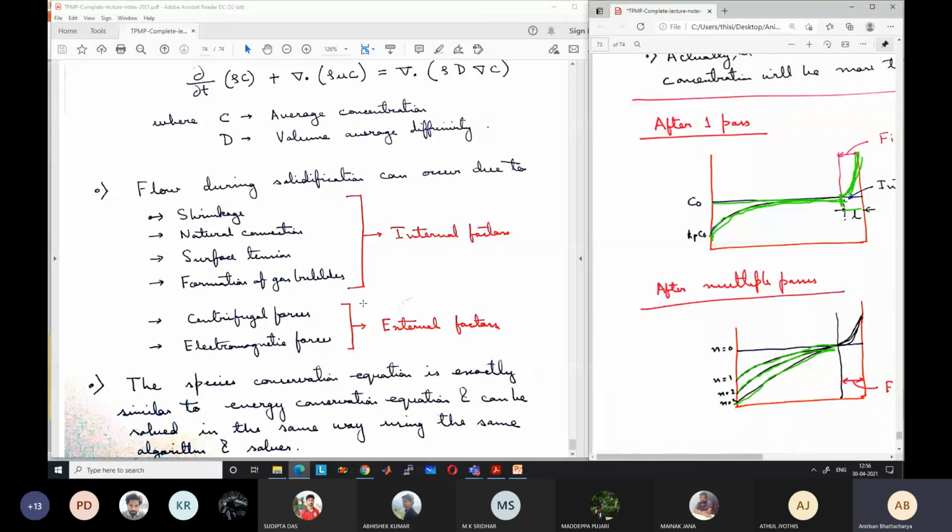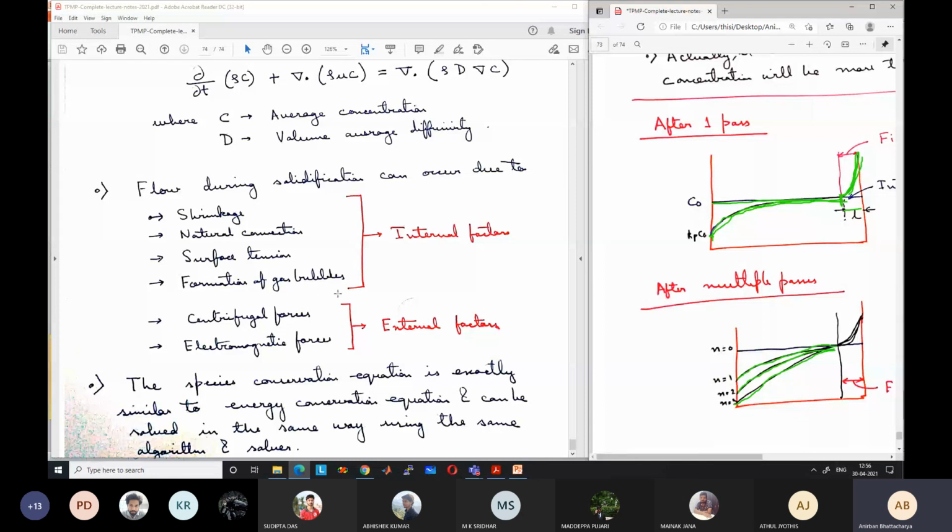So if at some location the concentration of copper is larger and in another location it is smaller, the region where the concentration of copper is larger will have a much higher average density. So it will try to go down, and wherever the concentration of copper is lower, it will have a much lower average density and will try to move up. So it will also result in some convection pattern. This is also known as natural convection, but it is called solutal buoyancy driven convection because it is because of solutal buoyancy, not thermal buoyancy.